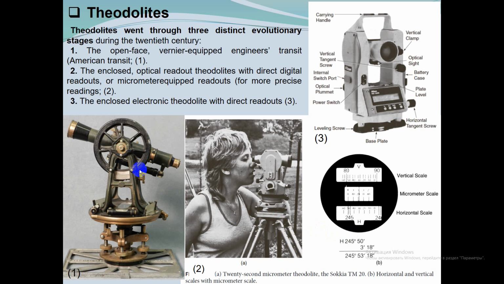Theodolites went through three distinct evolutionary stages during the 20th century. So the open phase: the vernier-equipped engineer's transit, the American transit, you can see here.